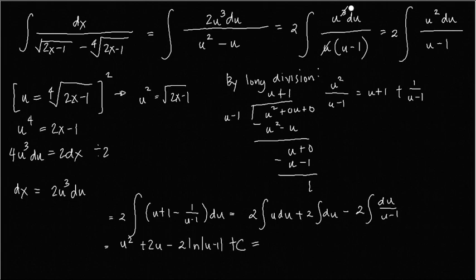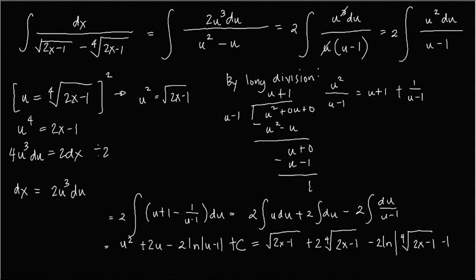And going back to our original value of u, we have u squared here, which is equal to the square root of 2x minus 1. Then plus 2u. Our u is the fourth root of 2x minus 1, plus 2 times the natural logarithm of u, which is the fourth root of 2x minus 1, then minus 1.